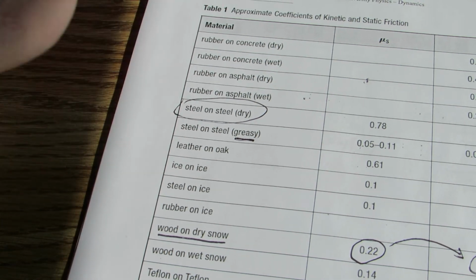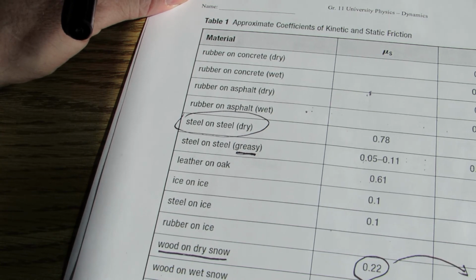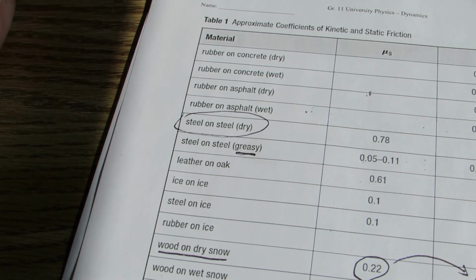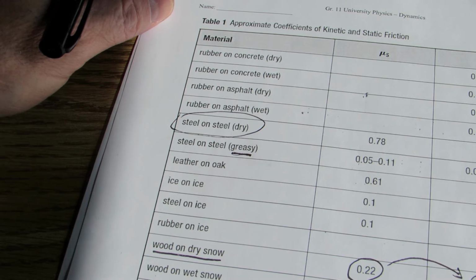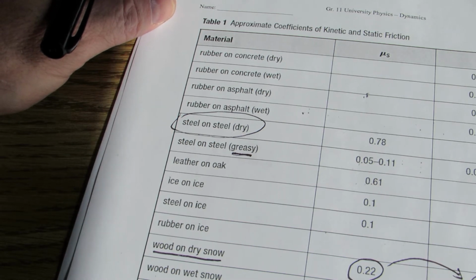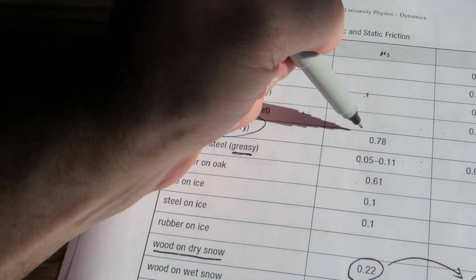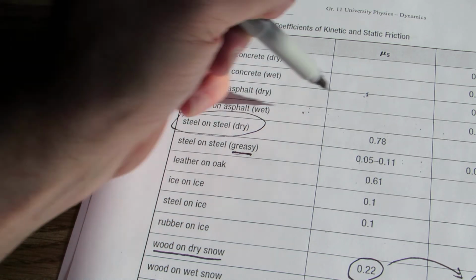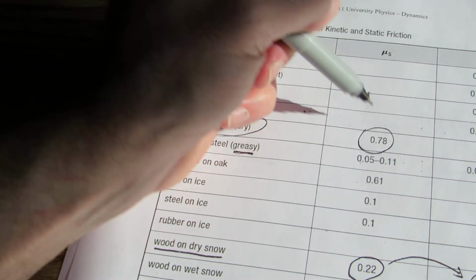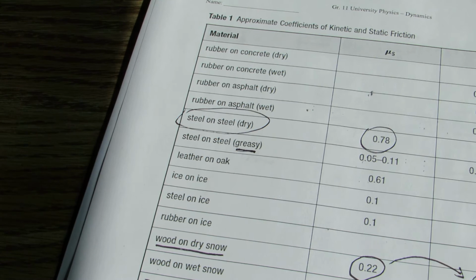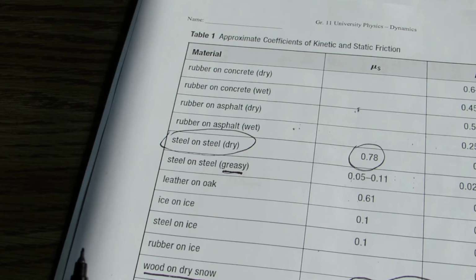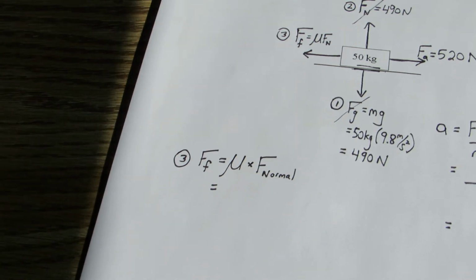I don't think it said in the question, but it said a 50 kilogram piece of steel is being pushed across a dry steel surface with an applied force. So let's assume that means it's starting from 0. And we'll use this one here. Steel on steel dry, the coefficient of friction from rest is 0.78. So let's use that. I'll go back to this question.